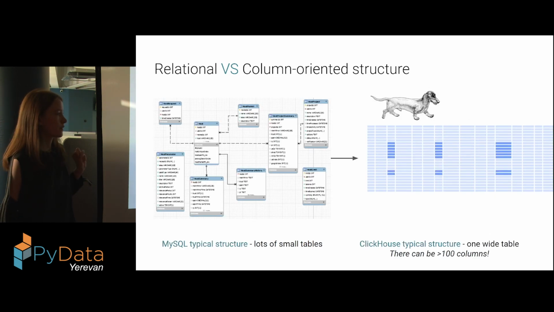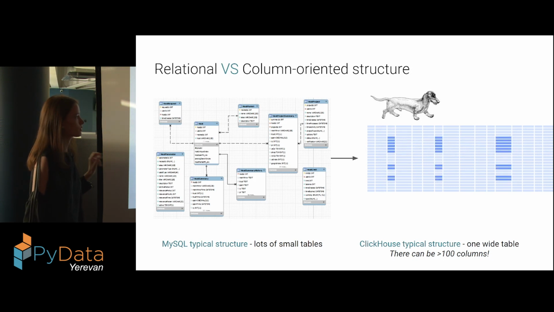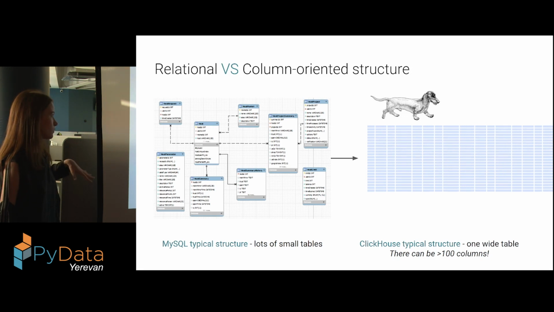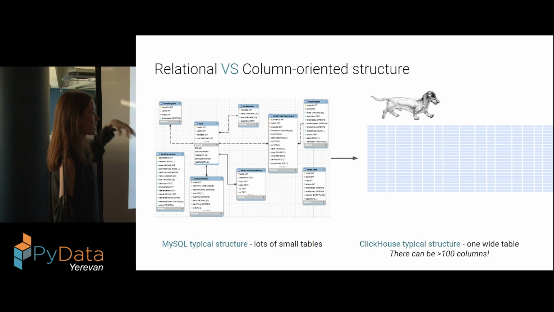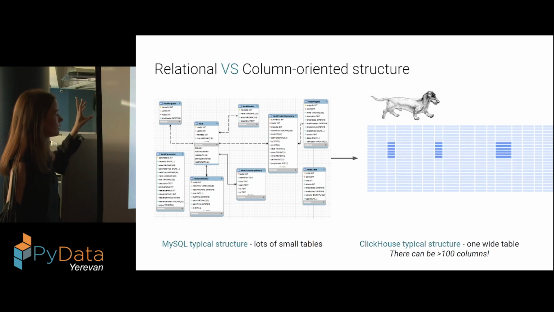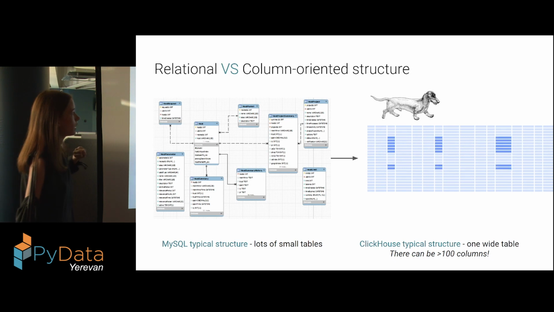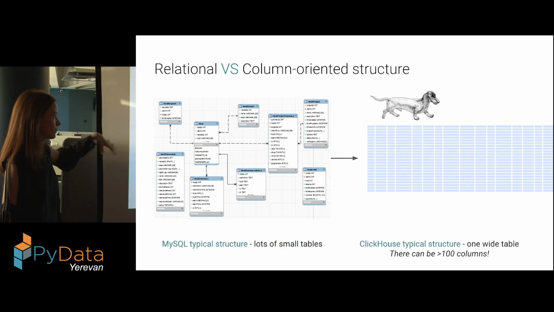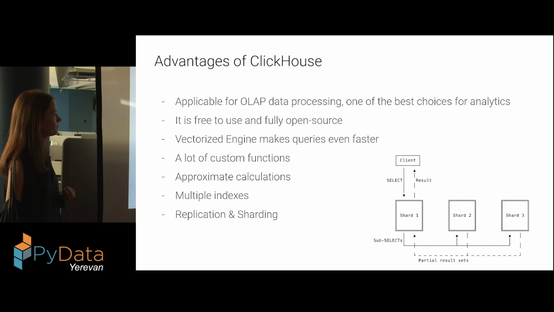And also, there are some differences in the structures of relational and column-oriented databases. For example, in MySQL, you already know that a lot of small tables are connected to each other with a primary key or other columns that can connect these tables, while in ClickHouse you have one really wide table that combines all those tables into one.